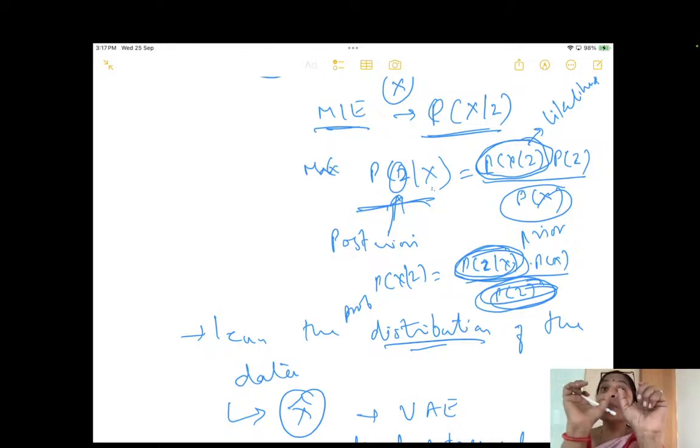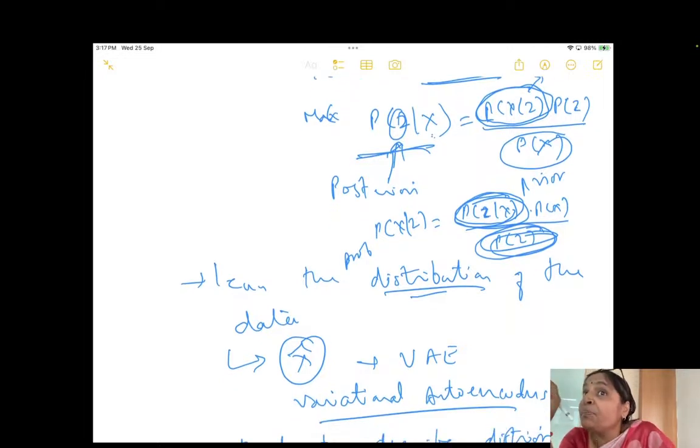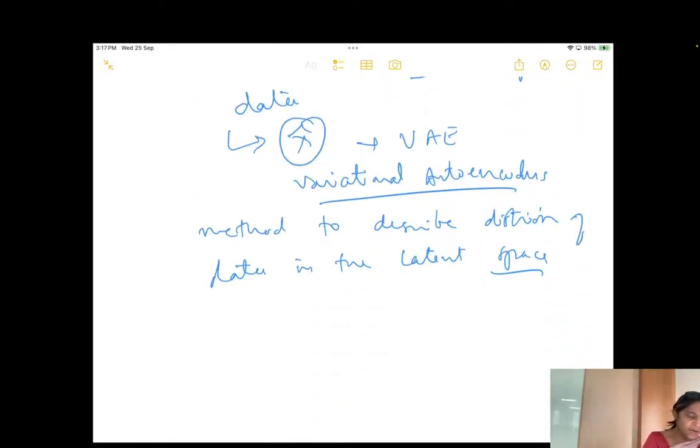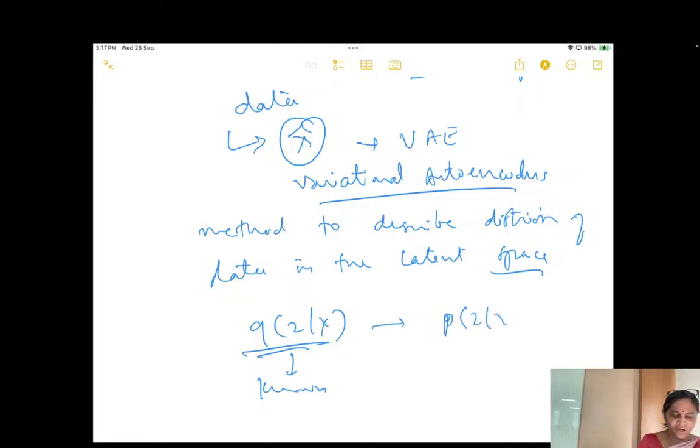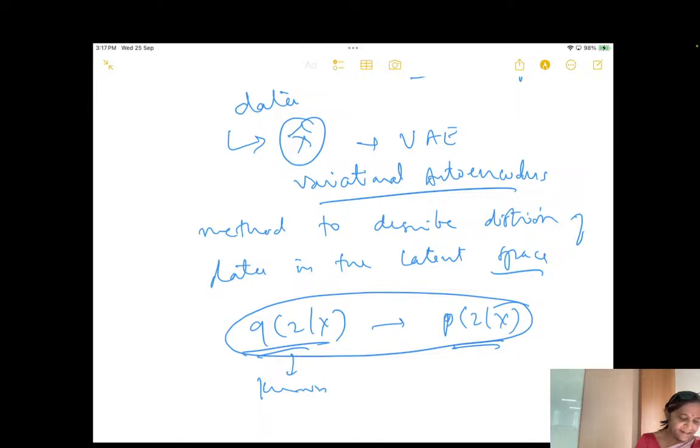Other than the reconstruction loss, you also add a term. As I said, getting P of Z given X is very difficult. What we assume is, start with Q of Z given X, which is known. Say I assume it to be Gaussian, and P of Z given X is the actual distribution of the latent space of X, and minimize this error.